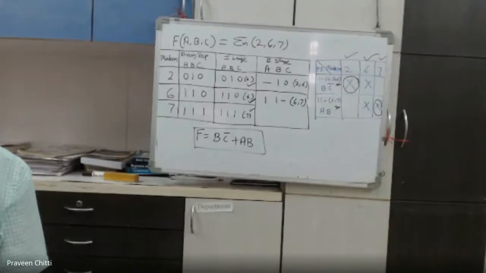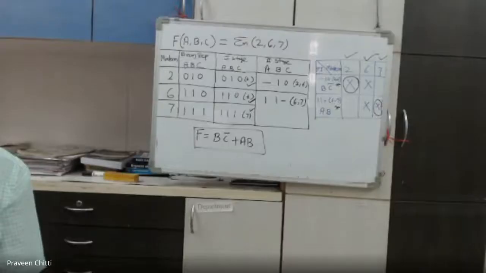Then we should draw a chart, the prime implicant chart, in which we write down the prime implicants and the min terms of those, which prime implicant consists of which min terms, like 2 and 6 for the first one. Then we should mark it as x.